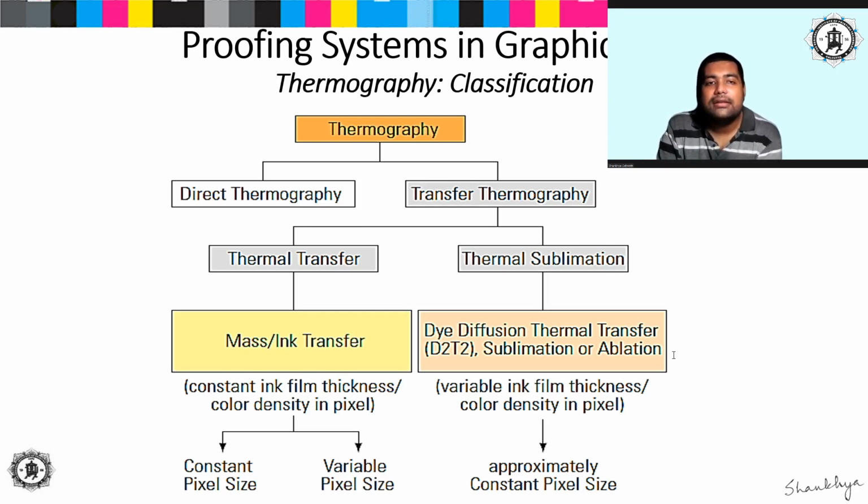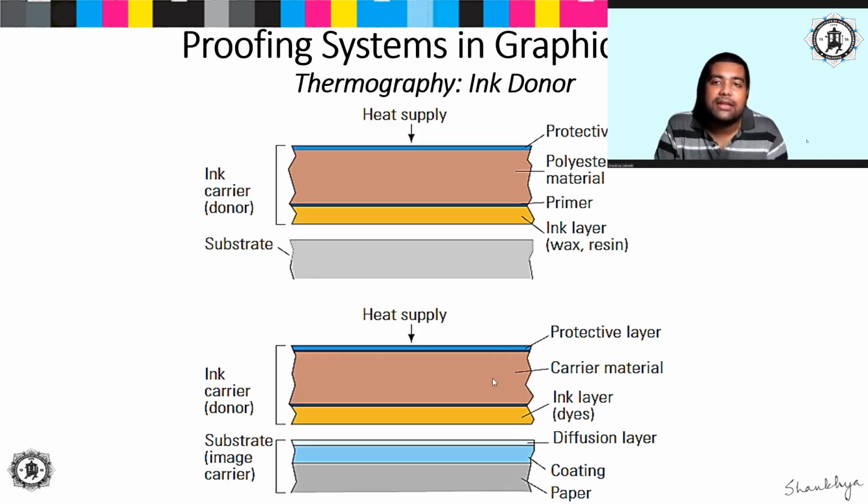There are essentially various types of thermal technology. One, as I already told you, is direct thermal printing on heat sensitive paper. Now here is the example of the direct thermal printing process on heat sensitive paper.